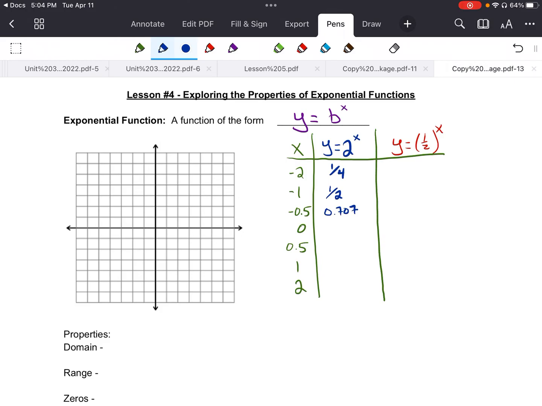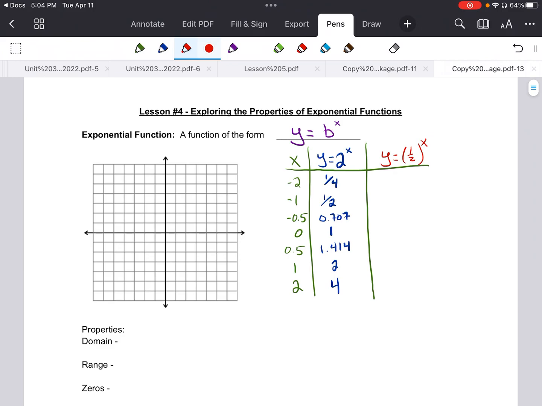The 0 value, anything to the power of 0, you get an answer of 1. 2 to the power 0.5 or 1/2 is the square root of 2, so we get 1.414, 2, and then 2 squared is 4.